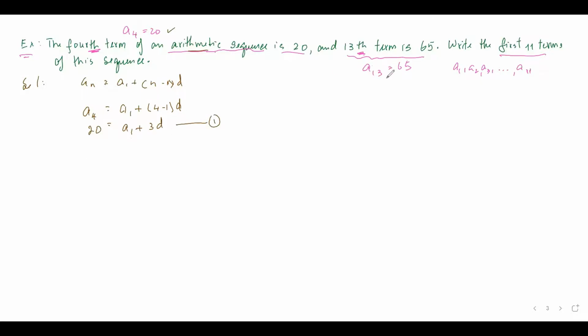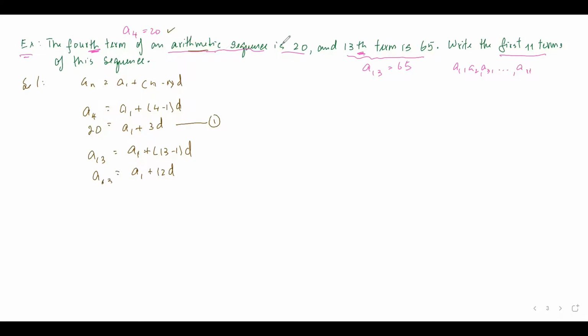Now go on, because we know A13. You write down A13 equals A1, unknown, plus (13 minus 1) times D. D is unknown, so A1 plus 12D.